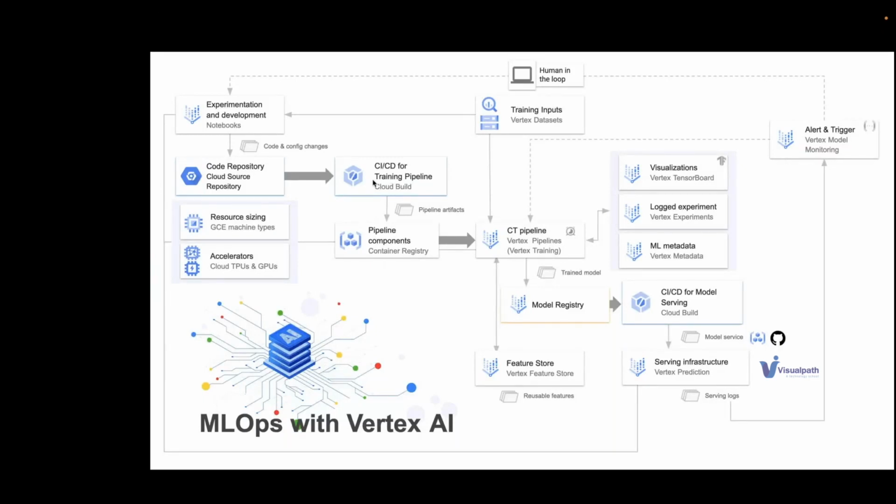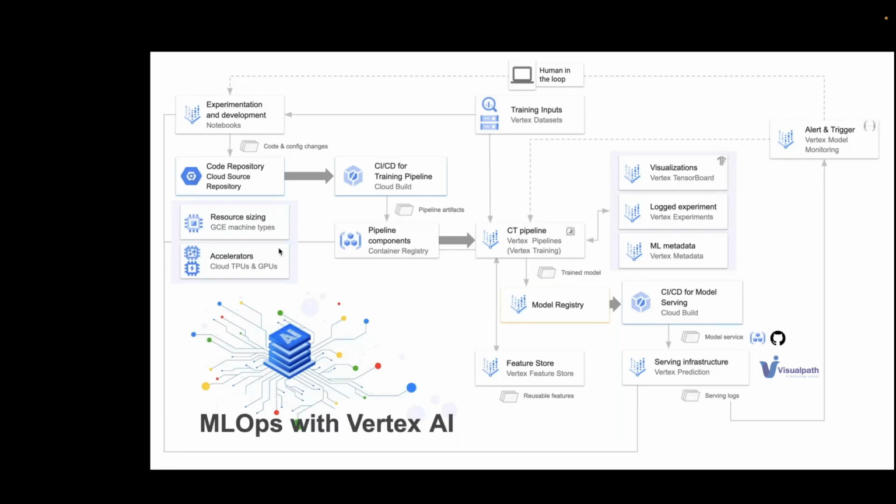Then you have pipeline components in a container registry. In open source terms, we have Docker Hub, which does the work. But since we are on Google, we are keeping it in the container registry: all the pipeline artifacts, the base images, everything. Also, there will be some JSON files which you will be putting onto GCS or something. That is not listed here, but you will be doing that.